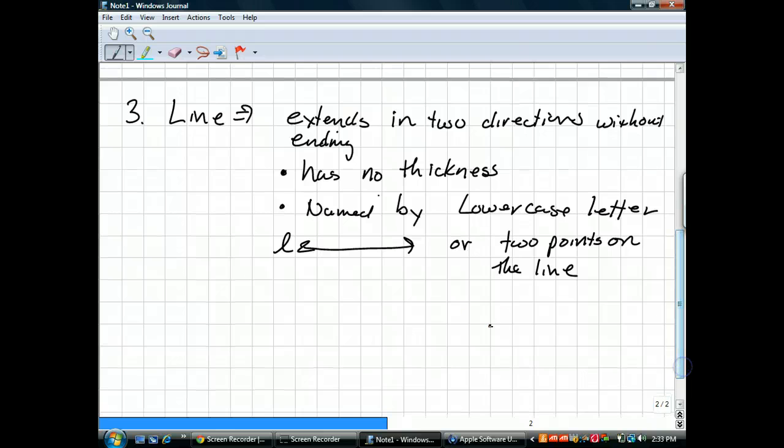So for instance, I could have this line and identify this as point A, this as point B, and so we would call this line AB. The symbol we use in order to not have to write out the word line is a miniature line over the 2 points that name it, so line AB. We could also call this line BA.